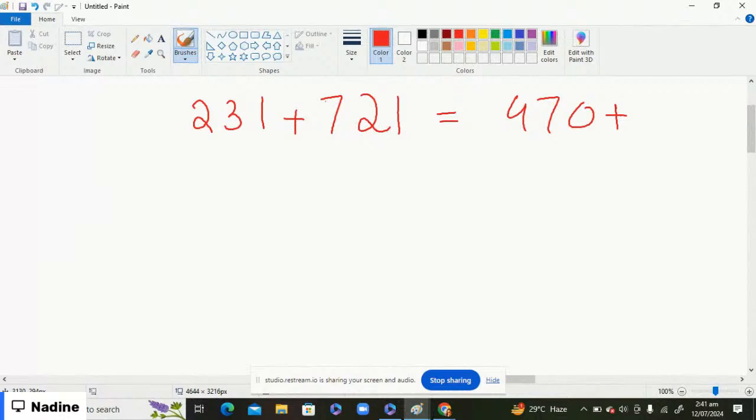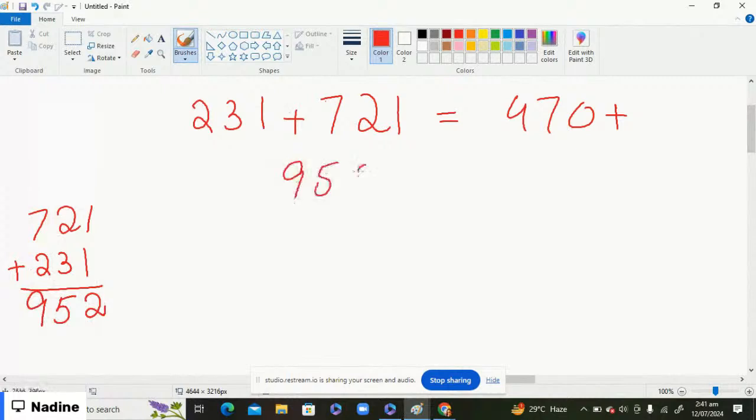So when I add here, 721 plus 231, 1 plus 1 is 2. Then 2 plus 3 is 5 and 7 plus 2 is 9. So here is 952, which is equal to 470 plus.